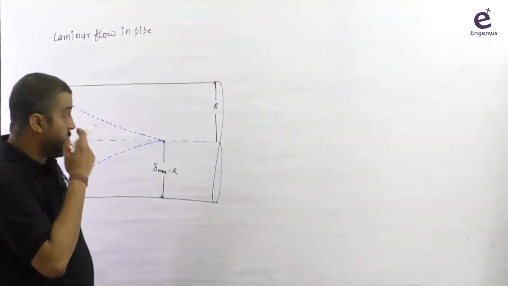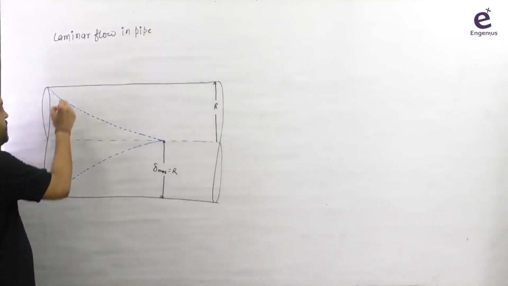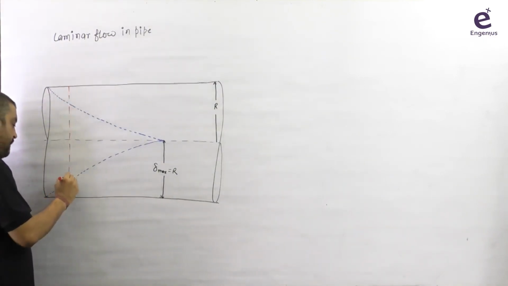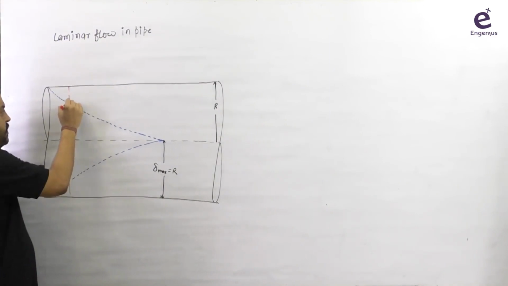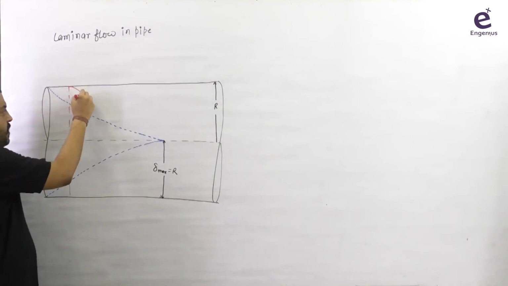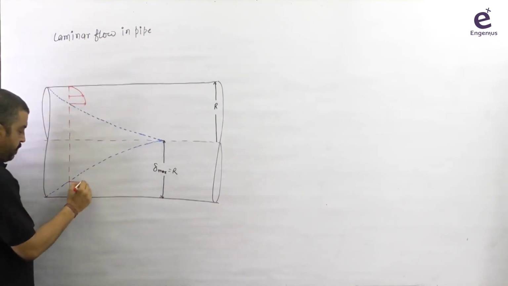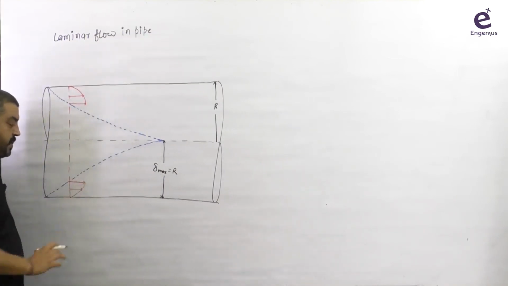So if I try to draw the velocity profile at this cross section, obviously up to this point there is a development of a velocity gradient, because this region is within the boundary layer.